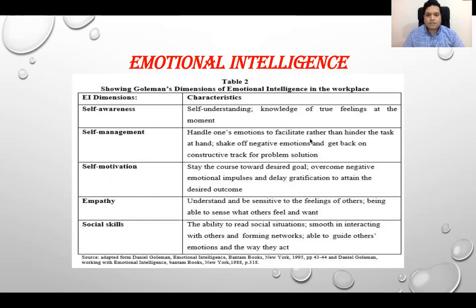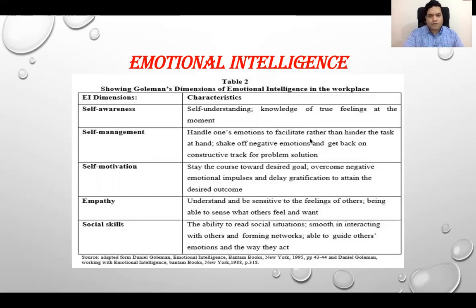Social skills: the ability to read social situations, be smooth in interacting with others and forming networks, able to guide others' emotions and the way they act.